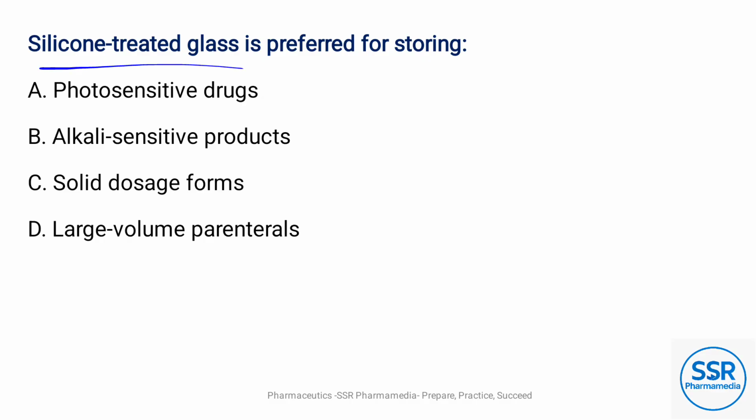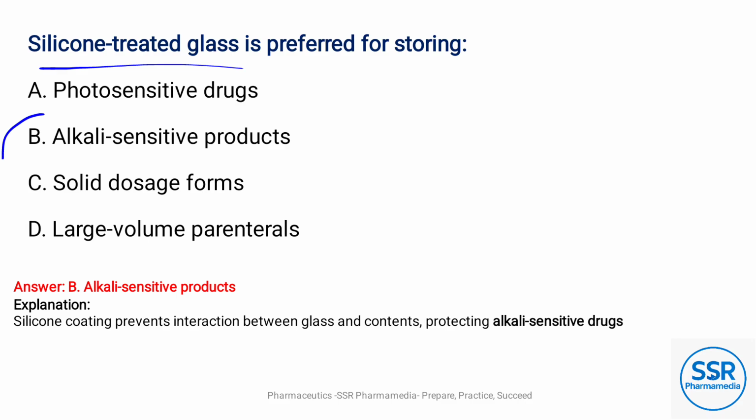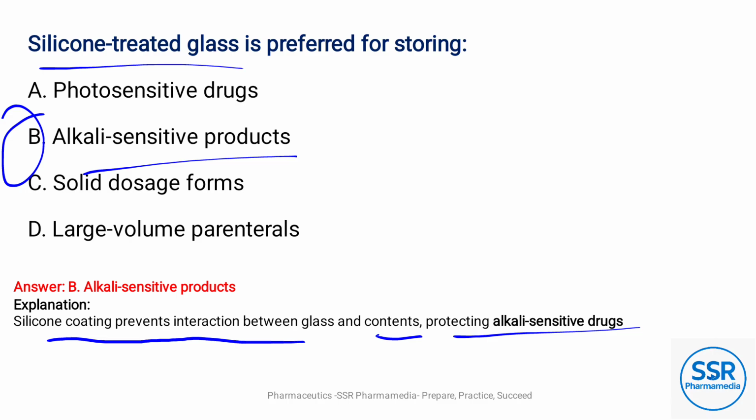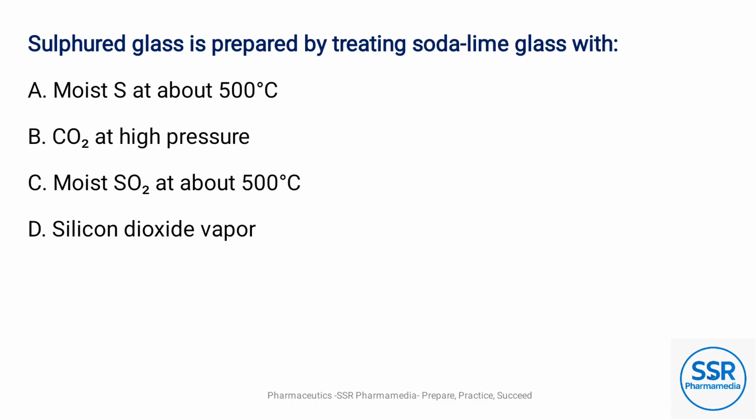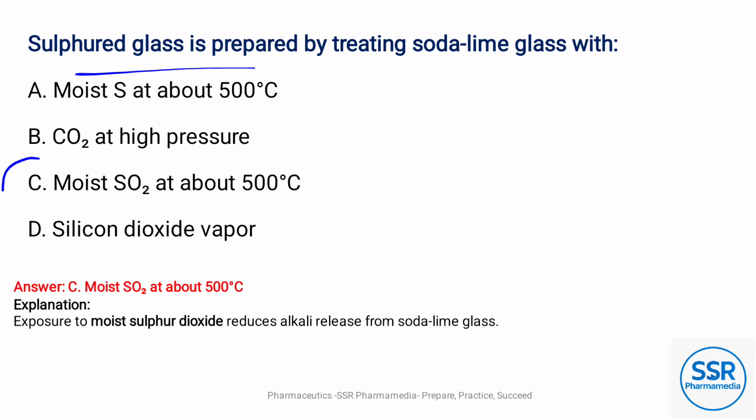Silicon treated glass is prepared for storing, option B, alkali sensitive products. Silicon coating prevents interaction between glass and contents and protects alkali sensitive drugs. Sulfured glass is prepared by treating soda lime glass with, option C, moist sulfur dioxide at above 500 degrees Celsius.